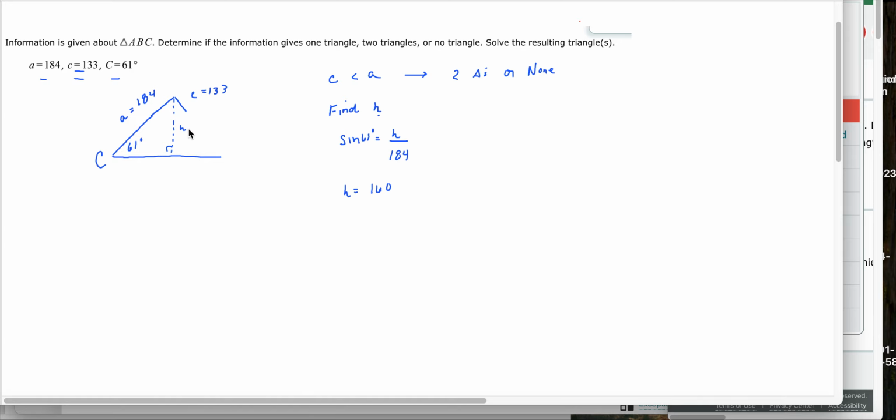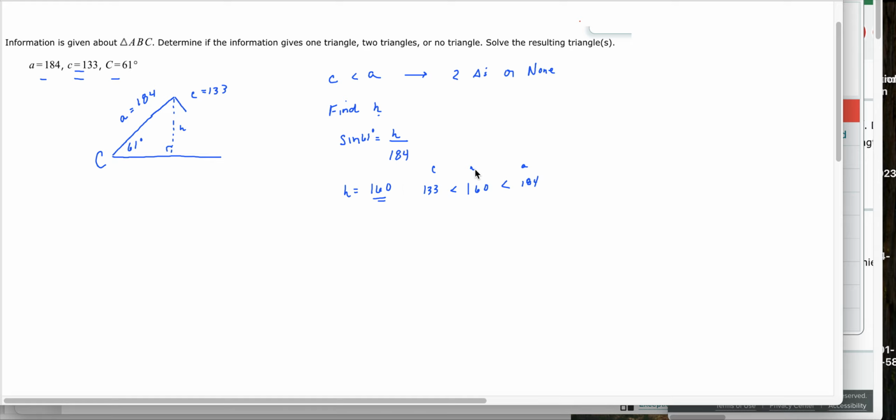Now I want to compare this to my other sides. So 160 is smaller than side A, which is 184, but bigger than the side C, which is 133. What does this tell me?